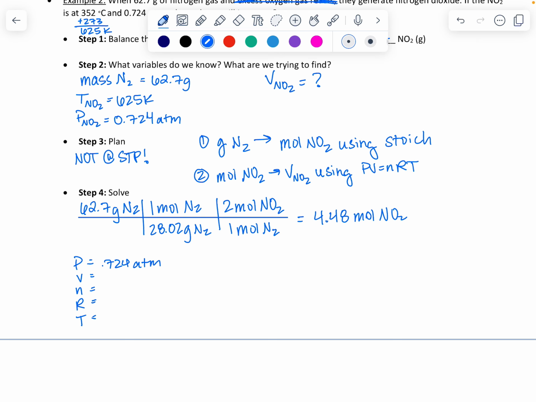And again, this is for NO2. The volume is what we're trying to find. Moles was 4.48. The R value, we are in atm now, pressure. So our R value is the 0.0821 number because that was the number that has pressure in atmospheres. And then the temperature is 625 Kelvin.